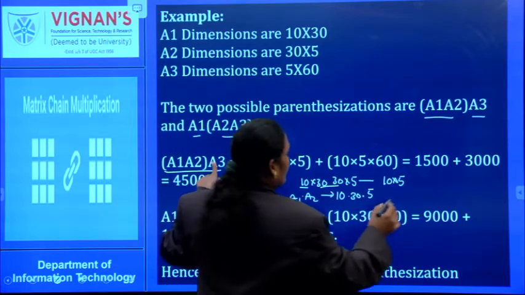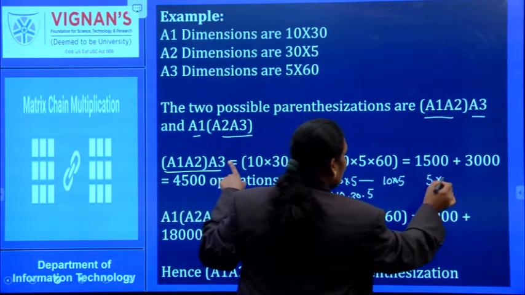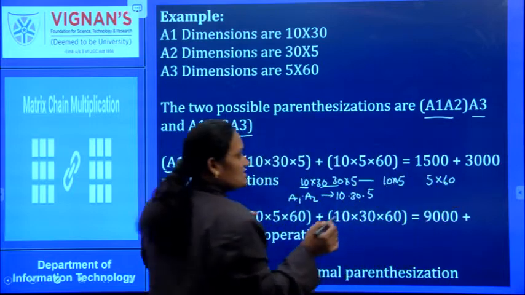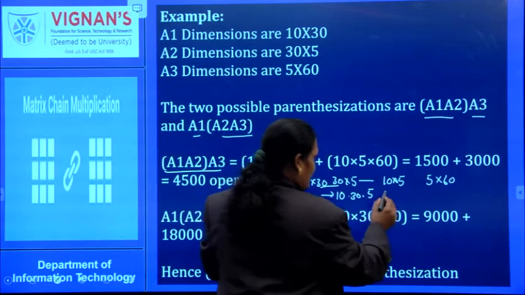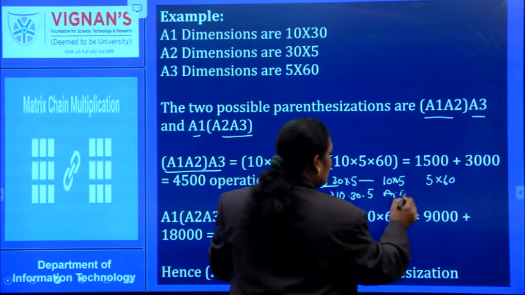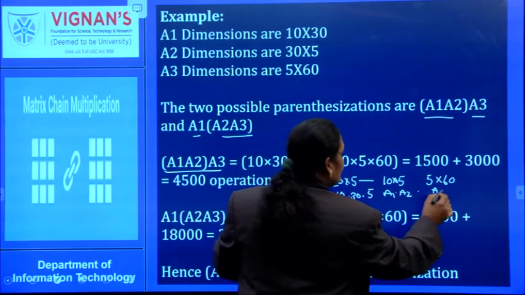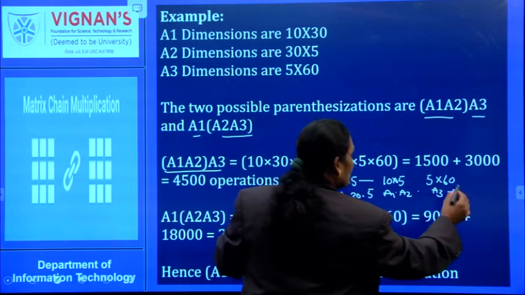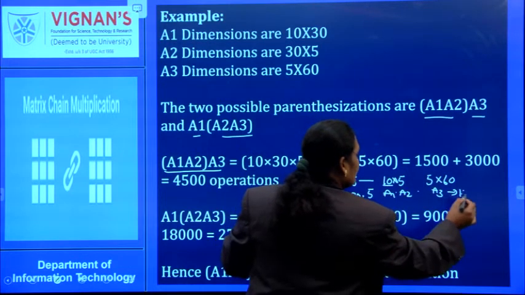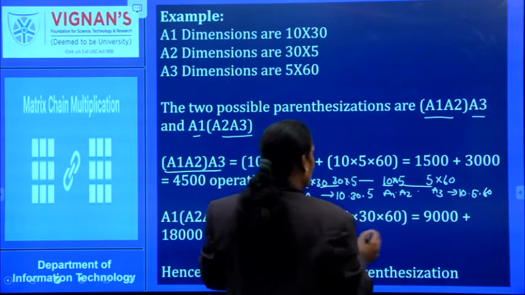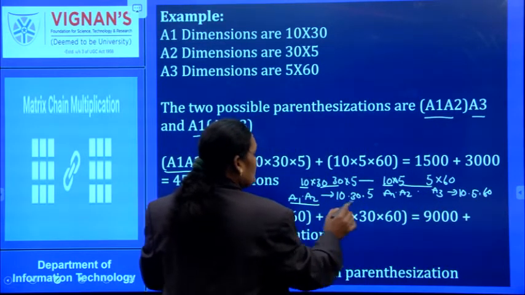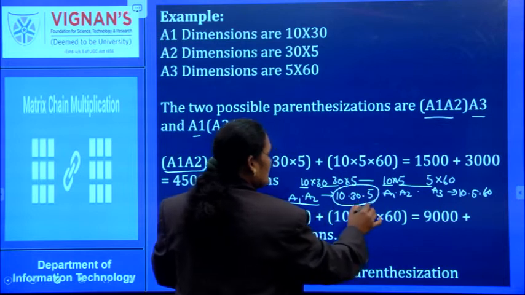Now A3 dimensions are 5 by 60. To multiply the resultant matrix, that is A1 into A2, with A3, how many multiplications are required? 10 into 5 into 60. So for the first process, A1 into A2, we need this number of multiplications.